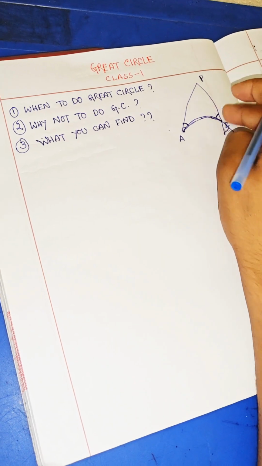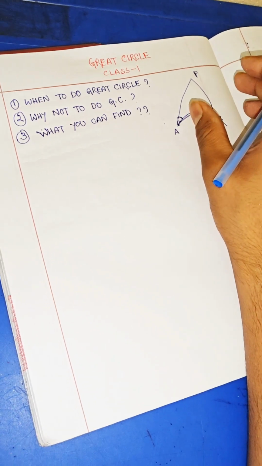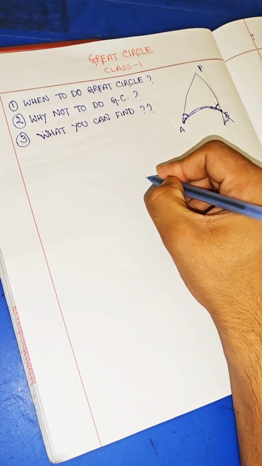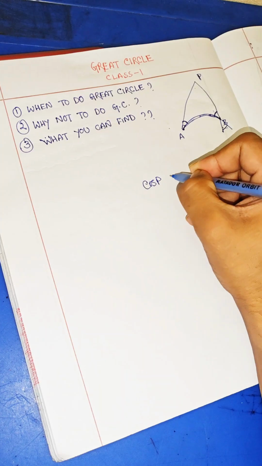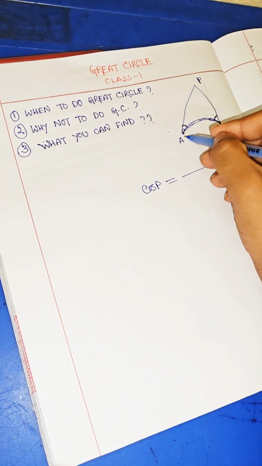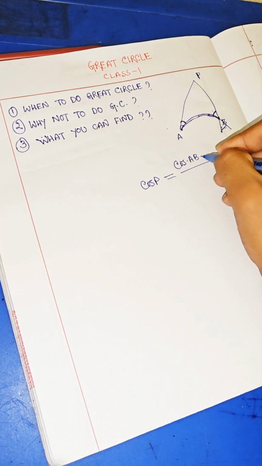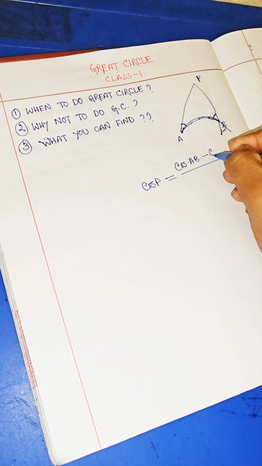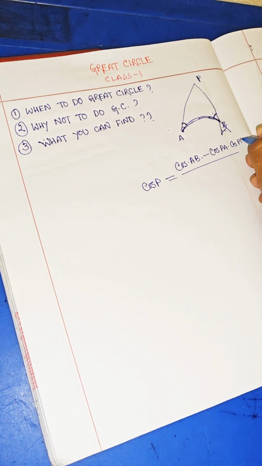Suppose consider first this is a spherical triangle, so I'll do the great circle sailing, and some formula for this you have to remember. I am writing here, considering this angle: cos P is equal to cos of opposite side, cos AB, minus cos of adjacent side, cos PA into cos PB.